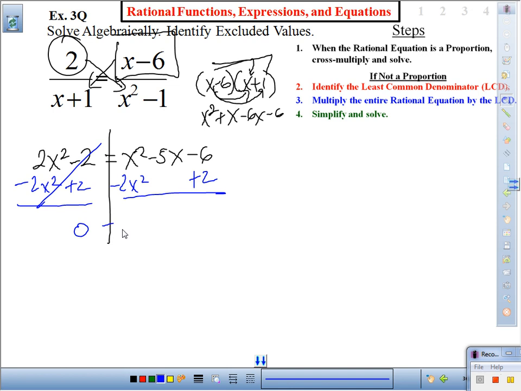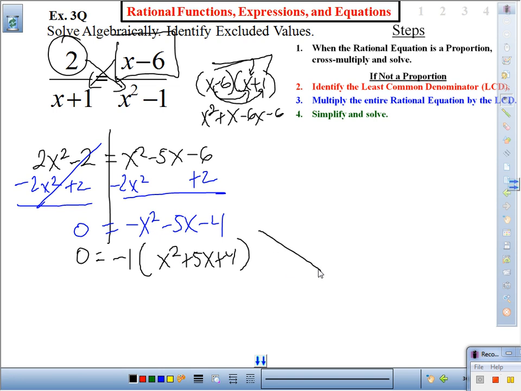We're left with 0 equals -x squared minus 5x minus 4. Do we know how to solve this? Yes, Mr. Q. What do we check first? Which is -1, the GCF. We're left with x squared plus 5x plus 4, all that equal to 0.